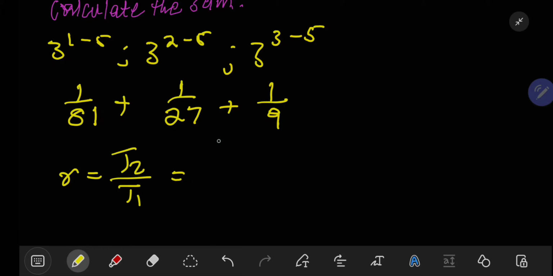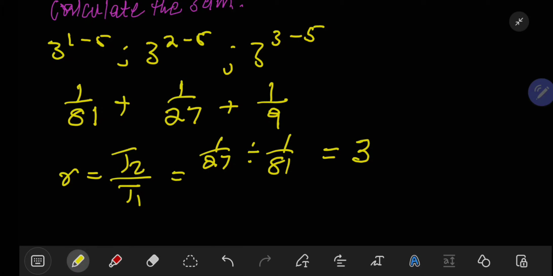So we're going to have 1 over 27 divided by 1 over 81. Then when you solve this, you're going to have your r value to be 3.